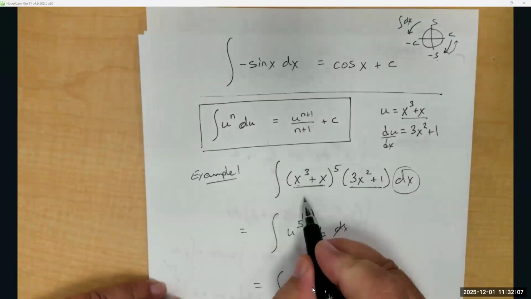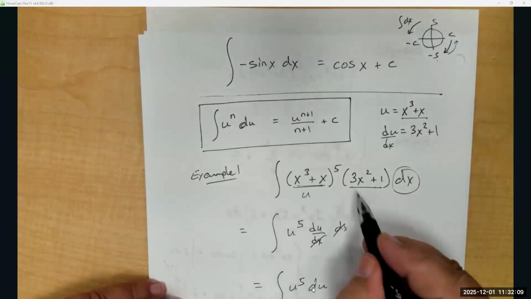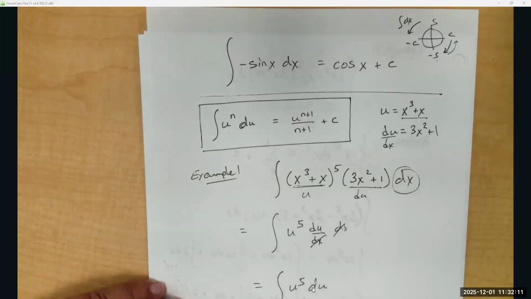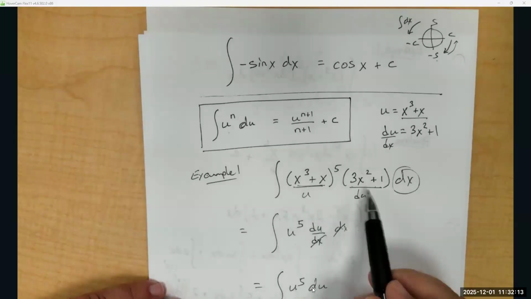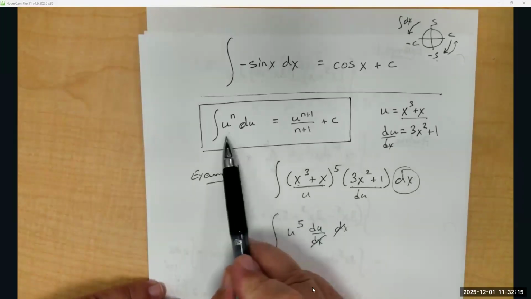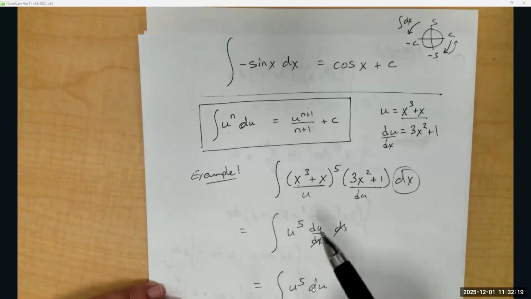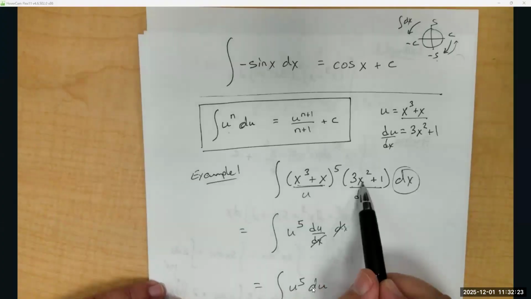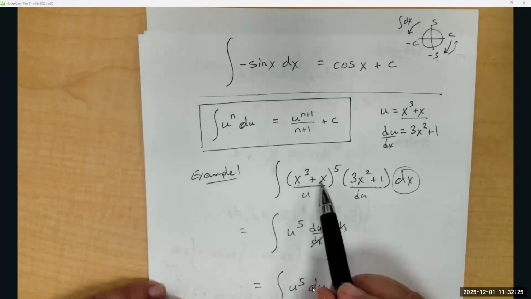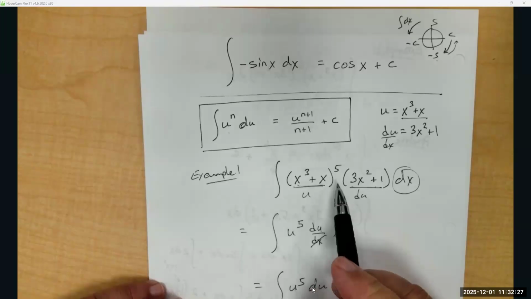Take a derivative. If this is u, take a derivative of it. Is it du? We're testing to see it. Yes, because if it's not a derivative, then it can't fit in this formula. Exactly. And that's the most important part. Because if this is not the derivative of this, then we have to do something else, which we're going to have an example like that in a little bit.